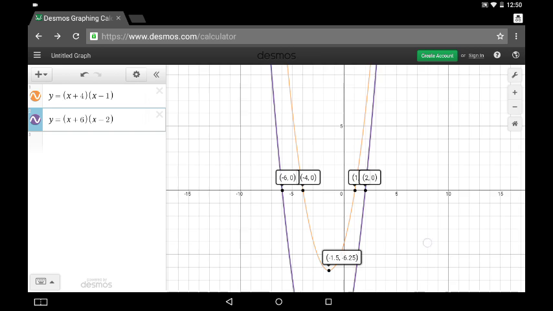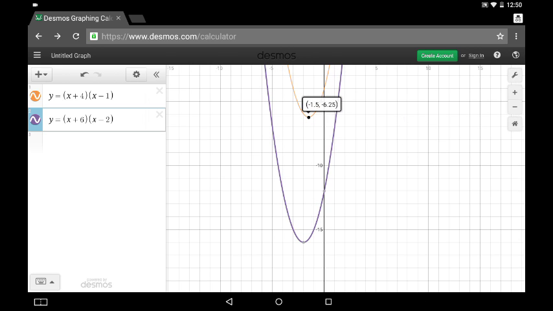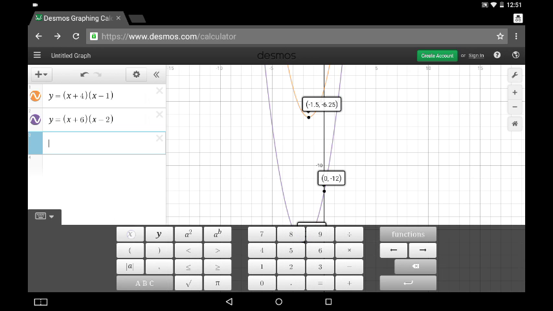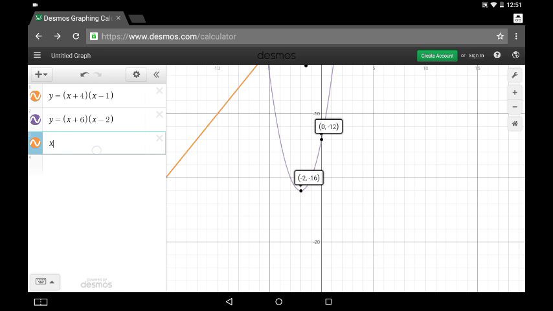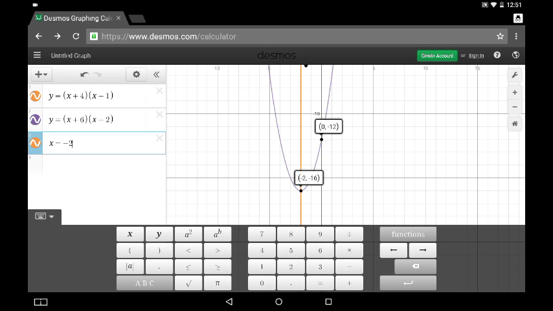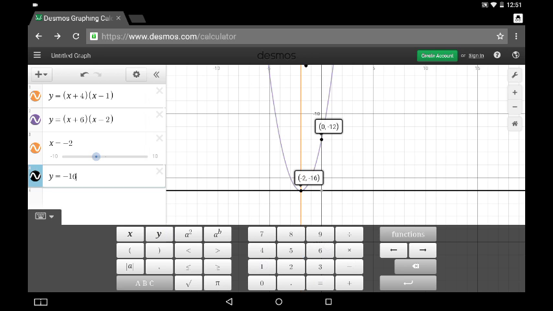And again, with any of these, we can always figure out where the y-intercept is. It's at -12. The vertex is at (-2, -16). So our axis of symmetry will be through x equals -2, and our minimum value is at y equals -16.